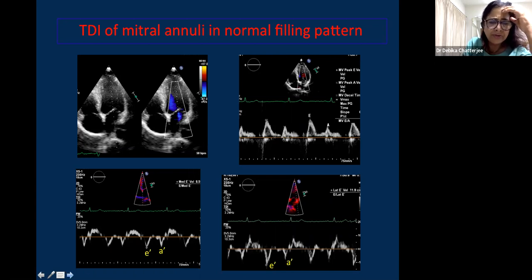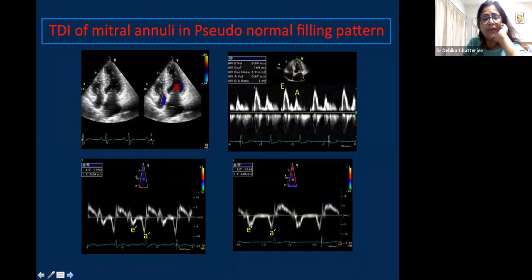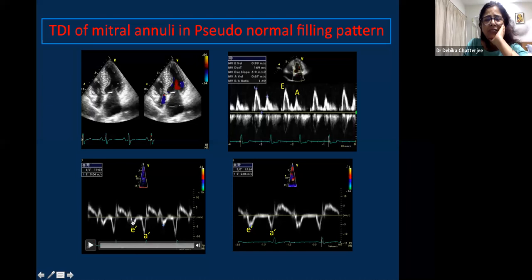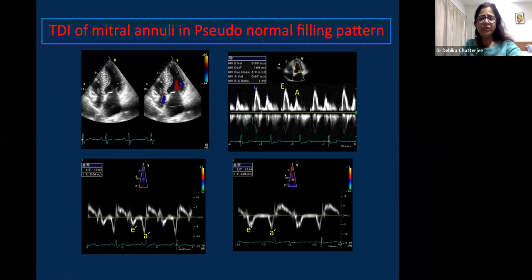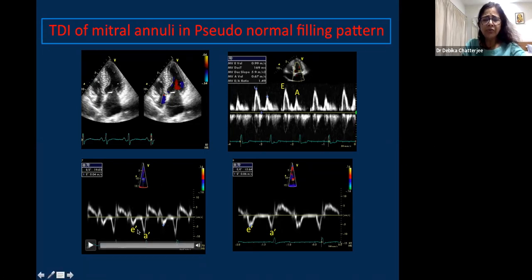On the other hand, look at that patient of hypertrophic cardiomyopathy, where E wave was more than the A wave. But as I do the tissue Doppler, look, E prime is much less than the A prime. It gives the true picture of diastolic dysfunction. In the septal annulus, E prime is less than the A prime.